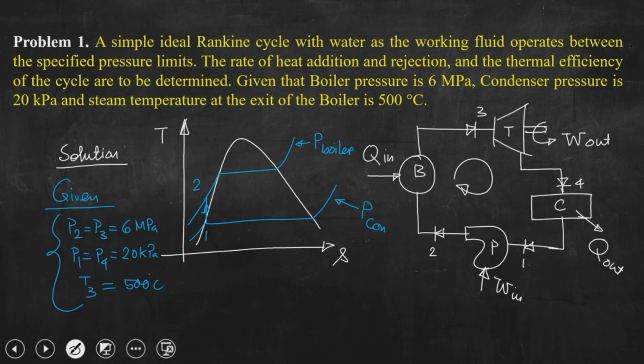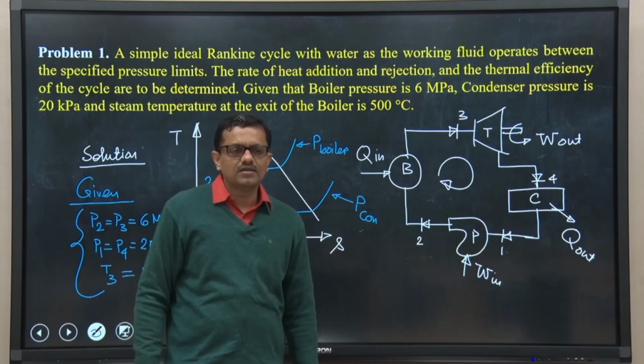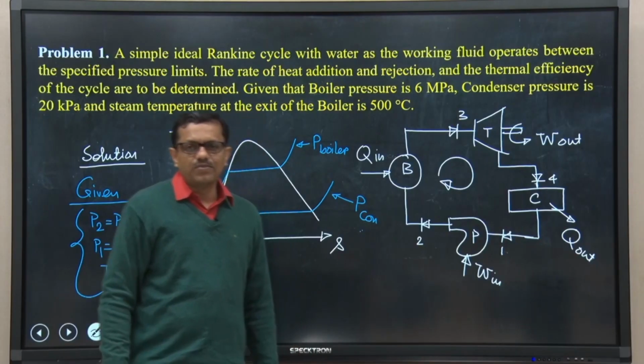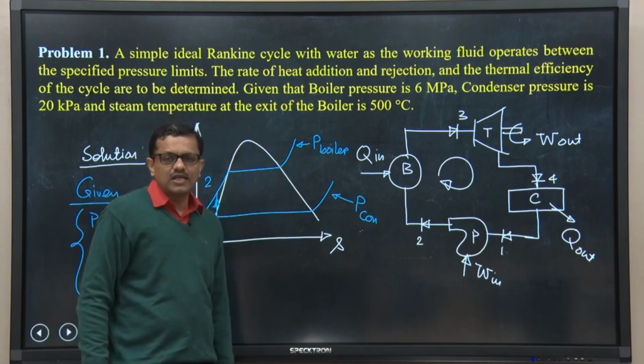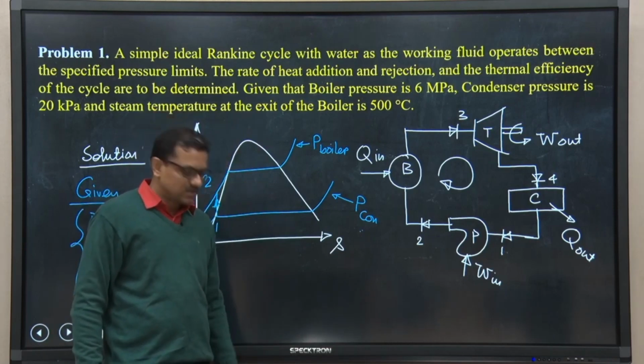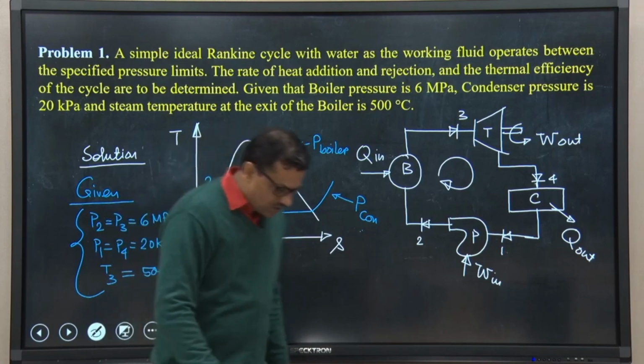We know the temperature and point 3 will be on this special line. We also know pressure, P3 is 6 megapascal. We know T3. So, now we can read whether the point will be in the superheated regime or on the saturated vapor line by looking at the steam table.